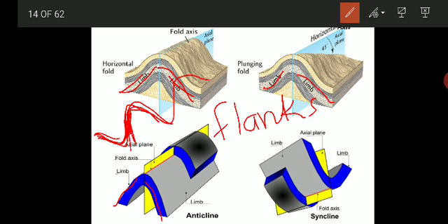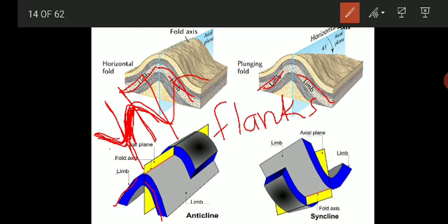So a limb extends from the axial plane, here this is the axial plane which divides the fold into two equal halves. So a limb extends from the axial plane in one fold to the axial plane in the next fold, okay? And an individual fold will have two limbs.